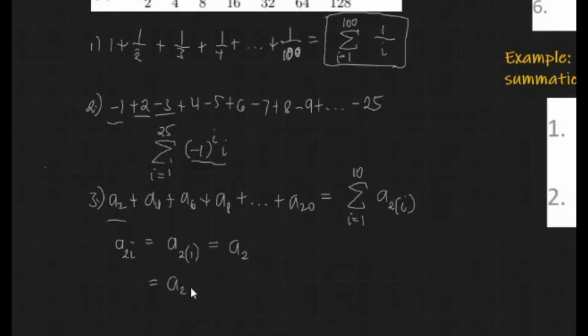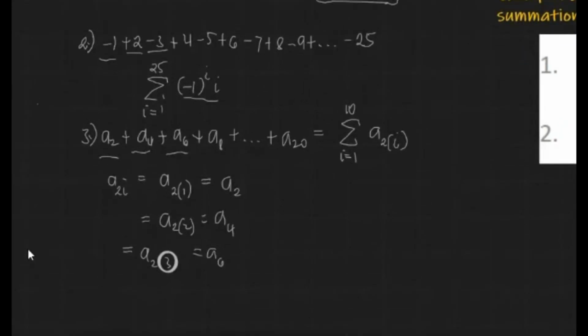A sub 2 times 2, ito ay A sub 4. And we were correct. And lastly, yung third term, A sub 2 times 3 ay A sub 6. And we were correct. So, tama itong ating summation. Klaro po ba?